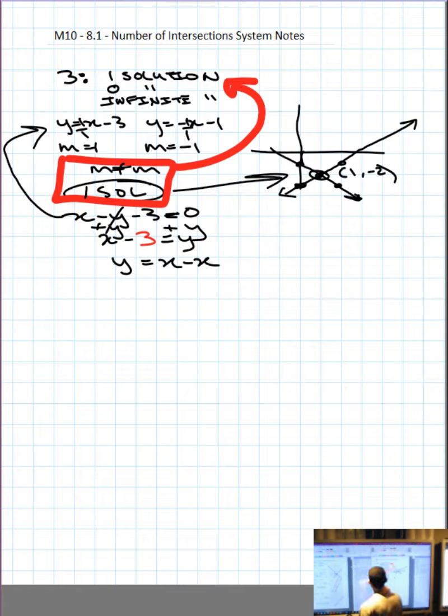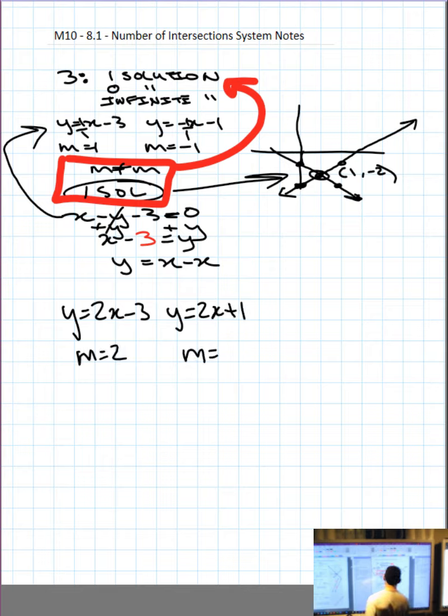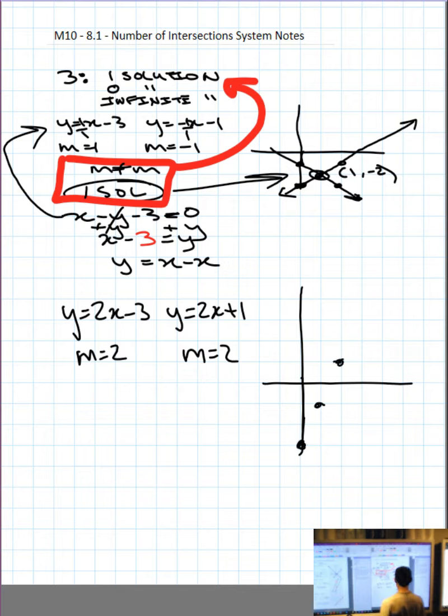So let's take a look at parallel lines. Let's take a look at y equals 2x minus 3 and y equals 2x plus 1. Well, we have a slope of 2 and a slope of 2. Let's see what happens. If we draw the first graph, 2x minus 3, we have a y-intercept of negative 3, we have a slope of 2, up 2 over 1, up 2 over 1. Put a line through it carefully.